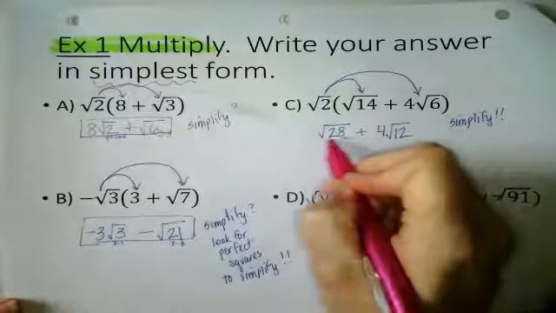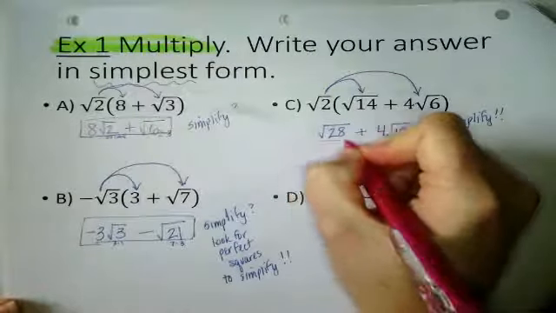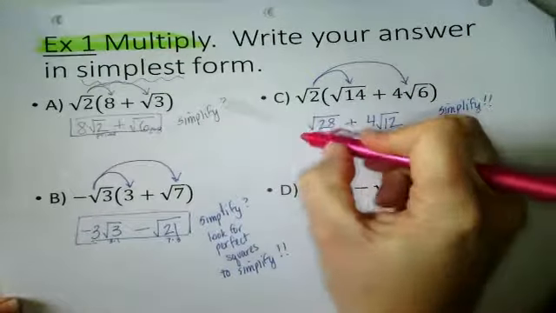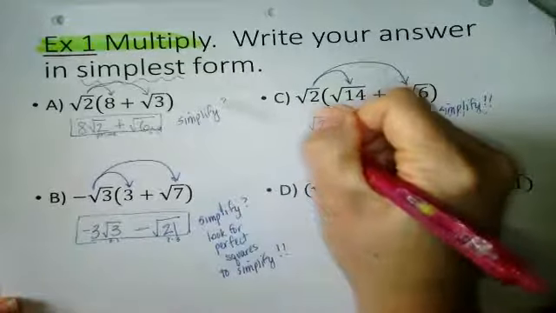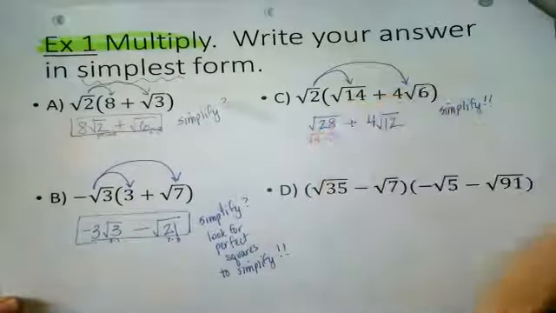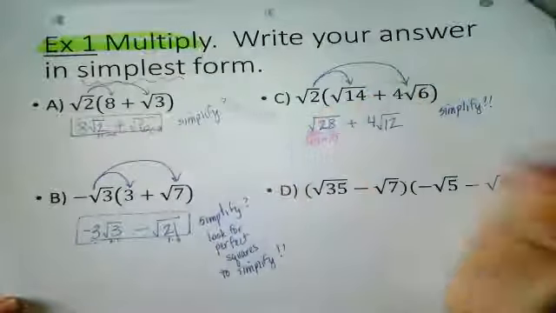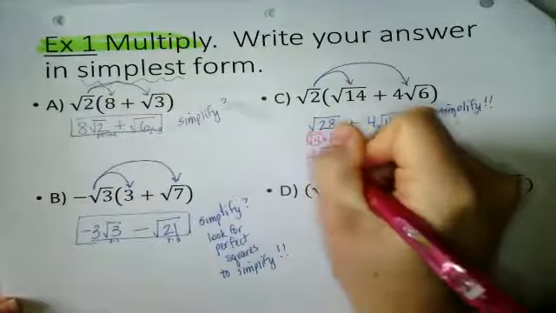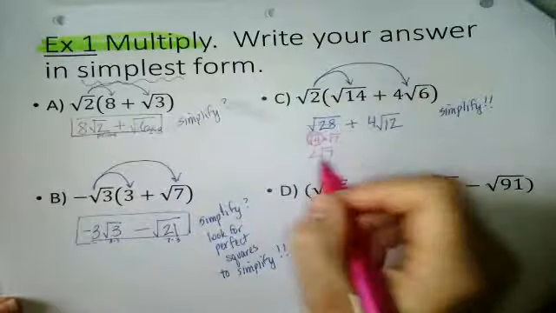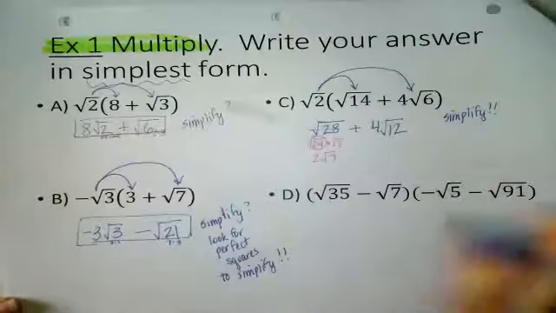So radical 28, we know is, oops, I didn't mean to do that. 7 times 4. So radical 4 times radical 7. And what is the square root of 4? 2. So radical 28 turns into 2 radical 7.